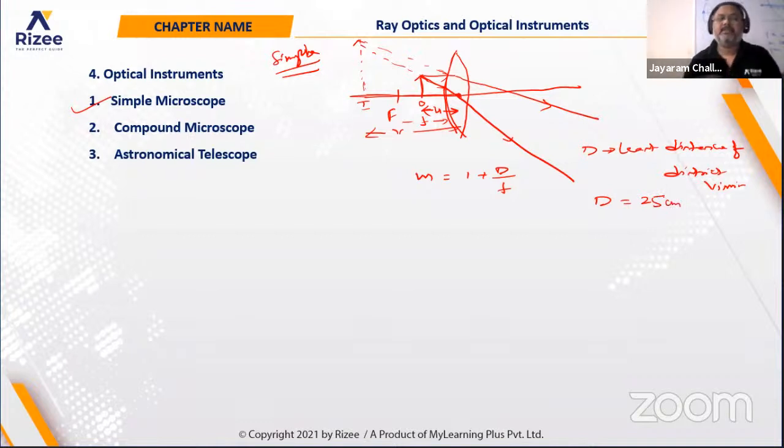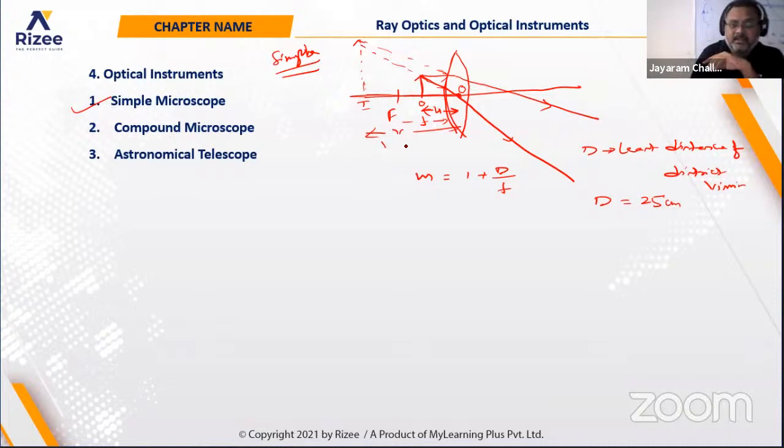Okay, so this is a simple microscope where the object will be placed. These points are very important in this particular case: the object will be placed within the focus and optic center, and the image will be falling behind the object. The type of the image is erect and magnified, and it's a virtual image, falling at the least distance of distinct vision.